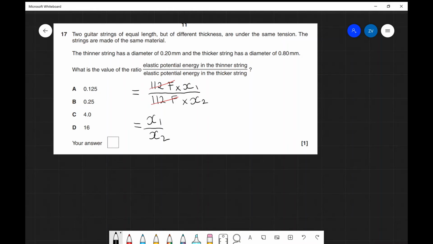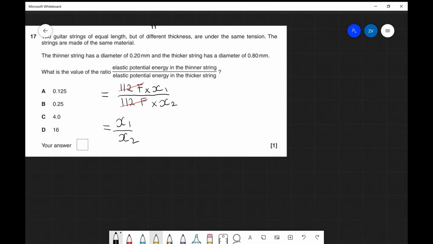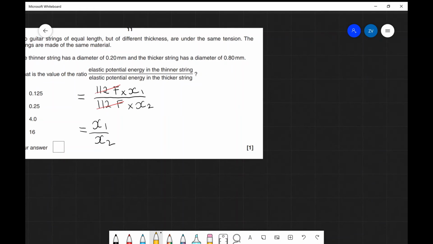So in other words, if we find the extension in the thinner string and we divide that by the extension in the thicker string, we're going to get our answer. So let's get to it. The first thing we're going to notice is that they are made of the same material. That means that they have the same Young's modulus.